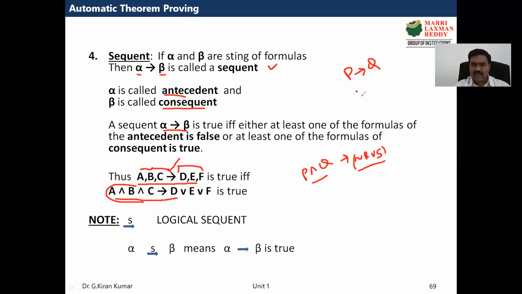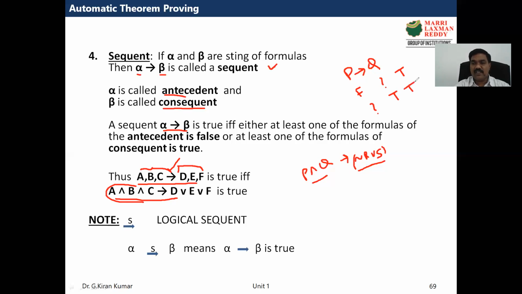If P is false, then irrespective of the Q value, this will always be true. Please recollect. Similarly, if Q is true, then irrespective of P, P implies Q is true.